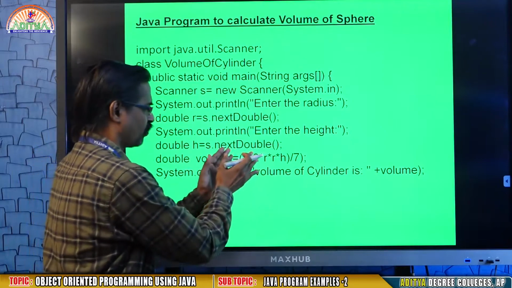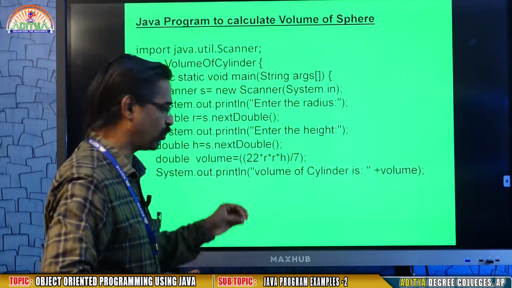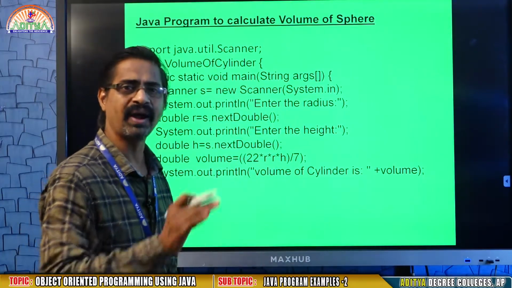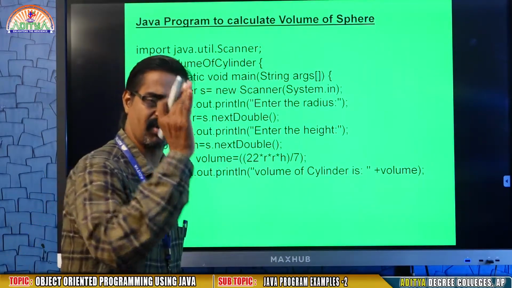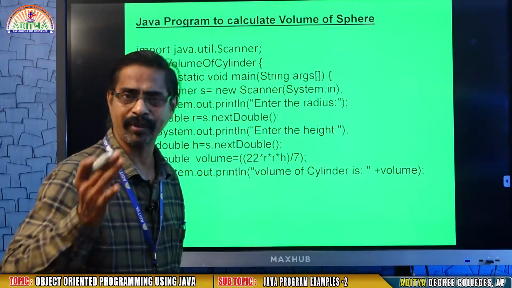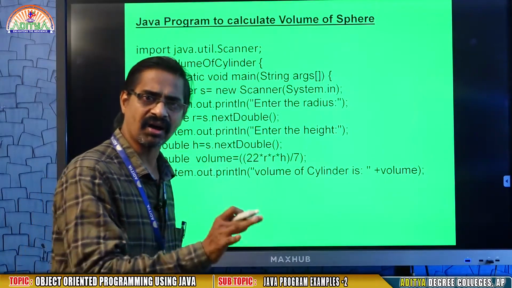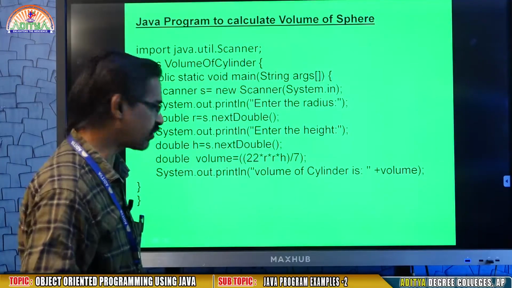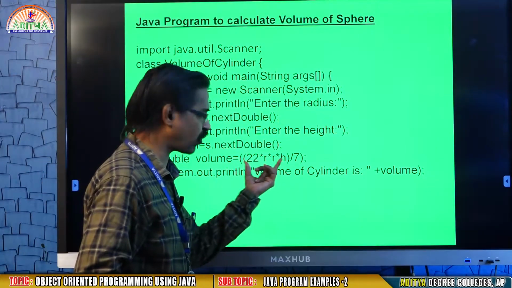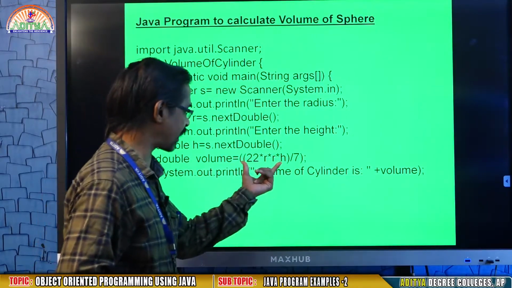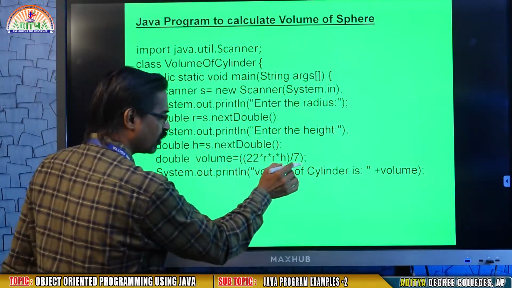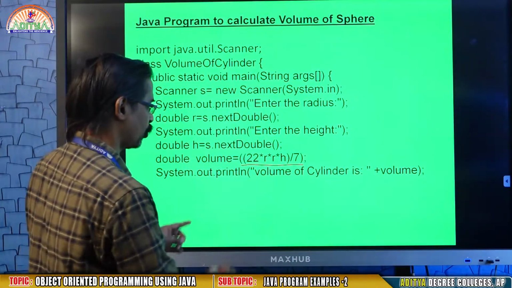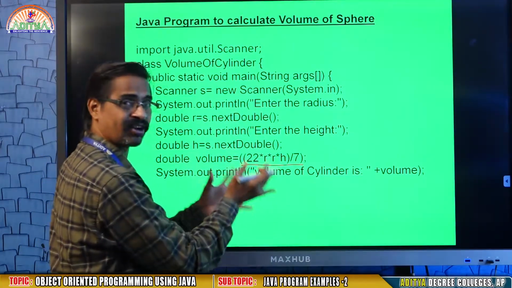Remember, there is no need to write any expression in the same order. Pi r square, that means pi will be first, followed by r into r, not necessarily like this. You may write r into 22 by 7.0 into r, because the system follows a specific order at the time of executing the expression, and this is called an arithmetic expression. No need to write that many brackets either.